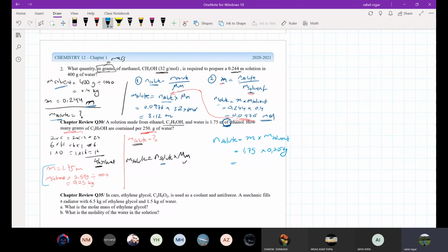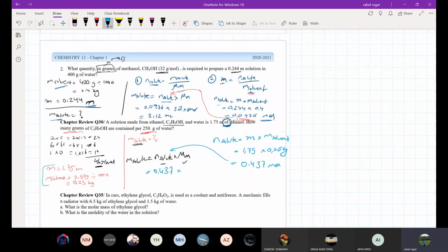And if you multiply those two together, I think we will get something like this. Let me just check. 1.75 times 0.25 gives 0.437 mole. Again, put this mole into the equation and you will get 0.437.